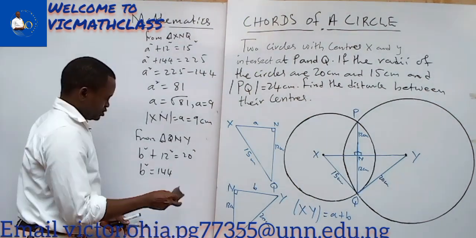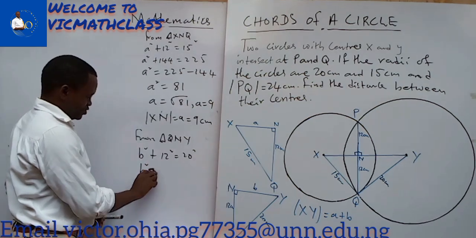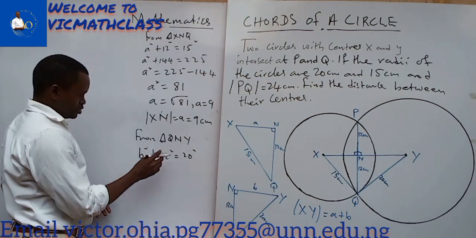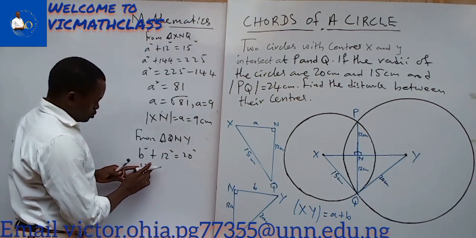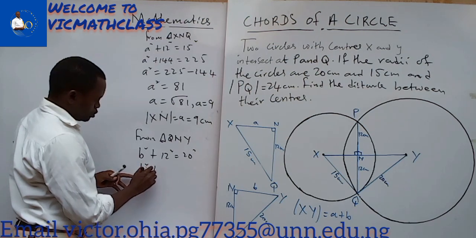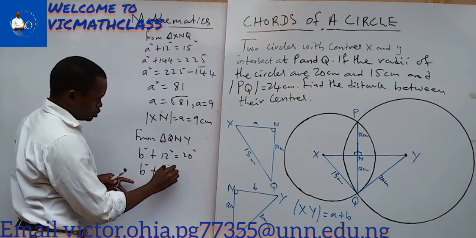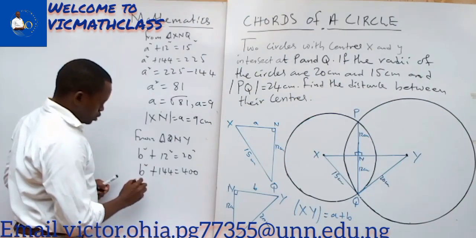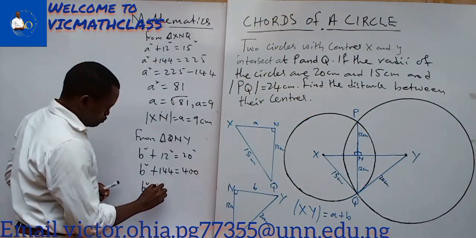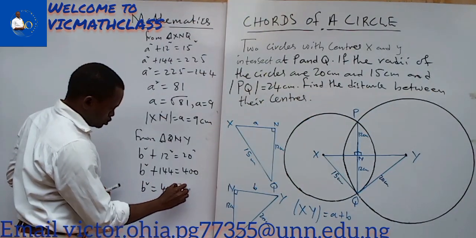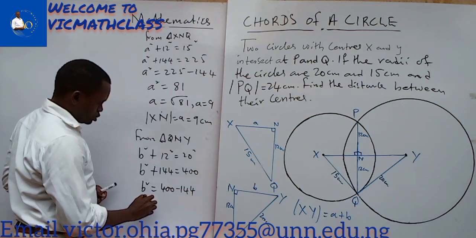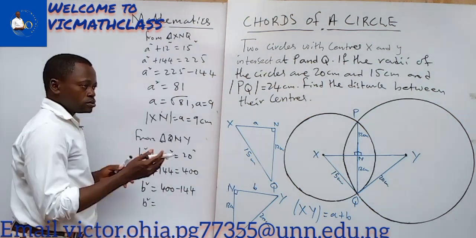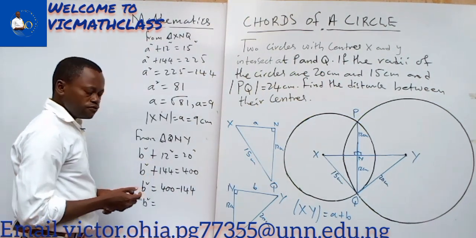Sometimes when you are fast, you might make some mistakes. So B squared plus 144 is equal to 400, that's 20 times 20. So B squared is equal to 400 minus 144.